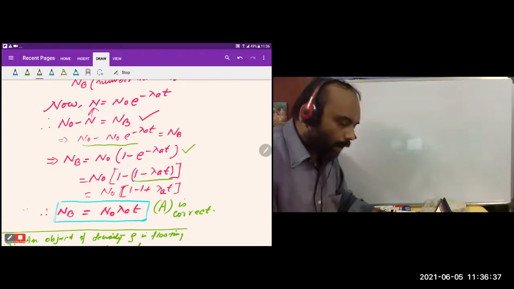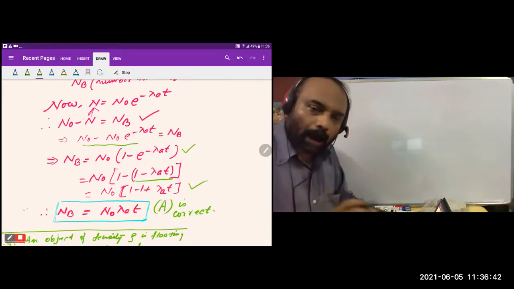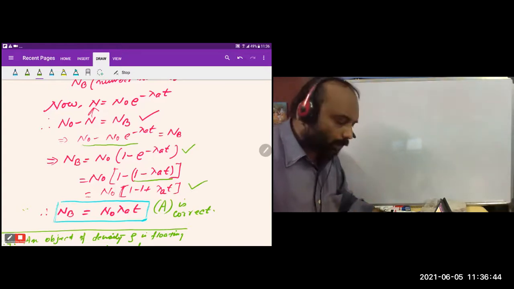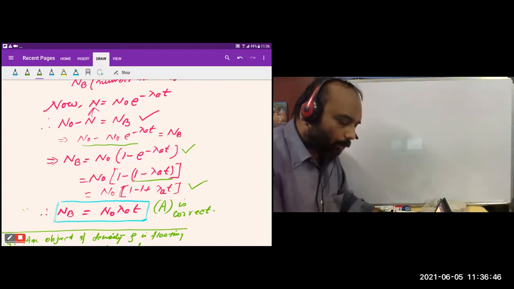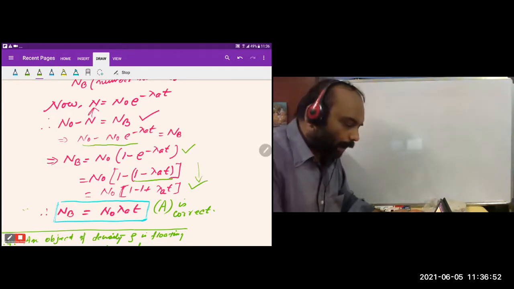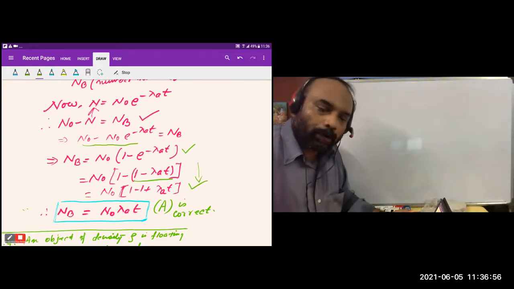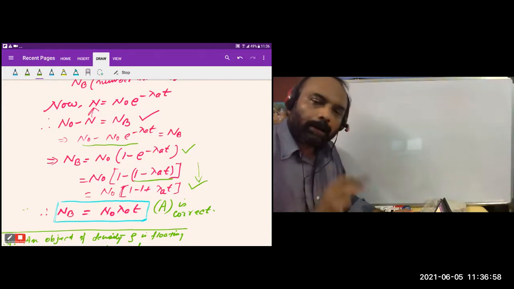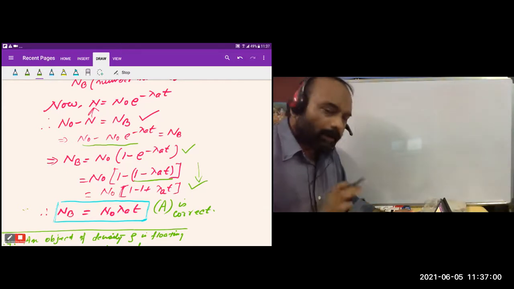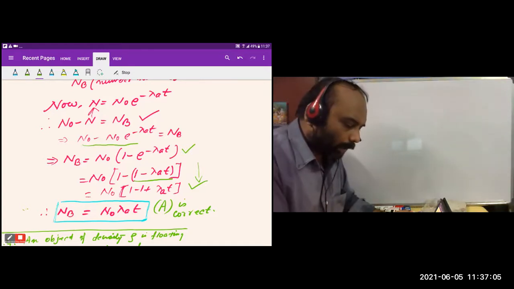That gives me NB is equal to N0 times 1 minus 1 plus lambda A t. After this simple mathematics, NB is equal to N0 lambda A t. So the answer is option A.